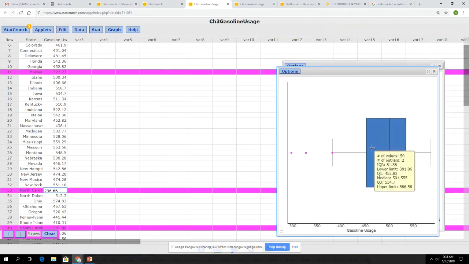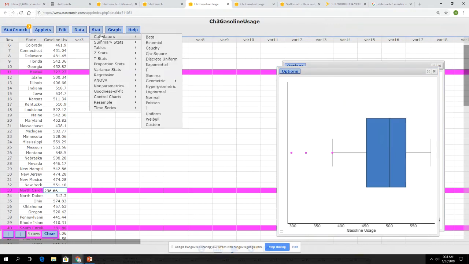If you want a 5-number summary, you can hover over the box plot like I've done here, and there's your numbers. You can also compute it directly. This will be the last thing I show because I'm running late here. I can go to summary stats.